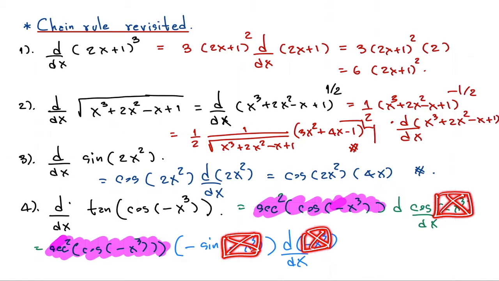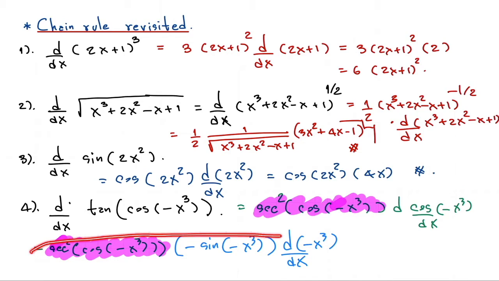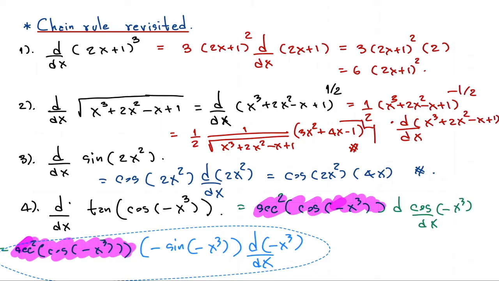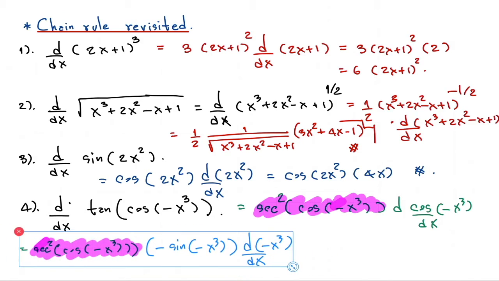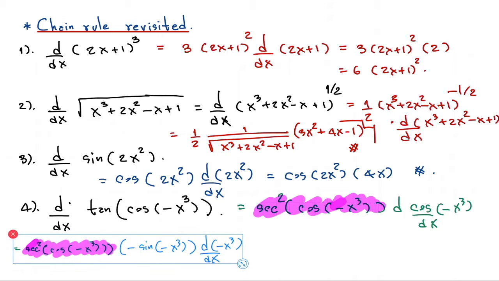Okay. So what we have here, I'll just move it a little bit to the left hand side so that I have a little more space. And I'll make it a little smaller as well. So here, what we have is sec squared cos of minus x cubed.